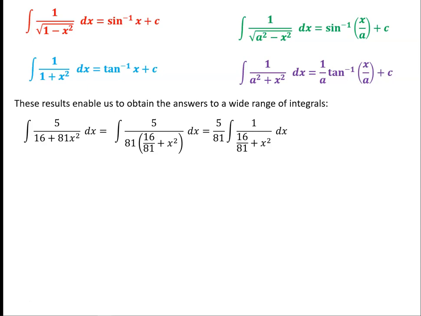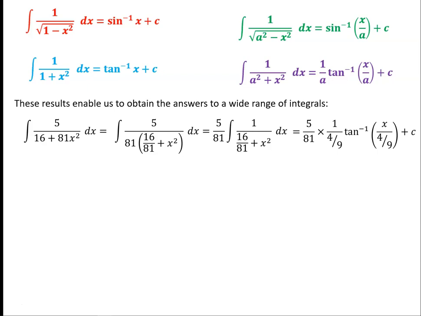I could take the 5 over 81 outside the integral sign. So I've got 5 over 81 times the integral of 1 over 16 81sts plus x squared. I can now use the fourth result where a equals 4 over 9. So that's going to give me 5 81sts times 1 over a, and a was 4 over 9.